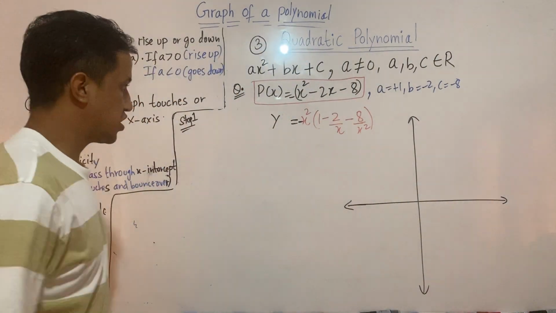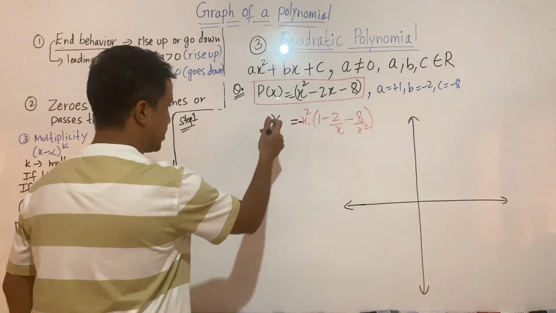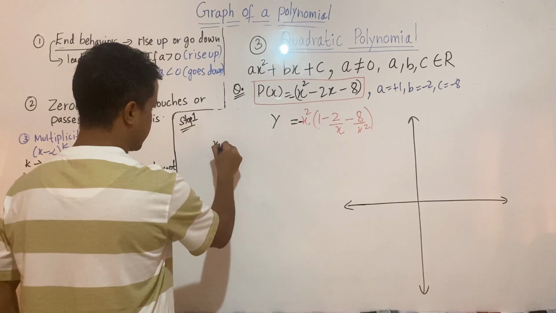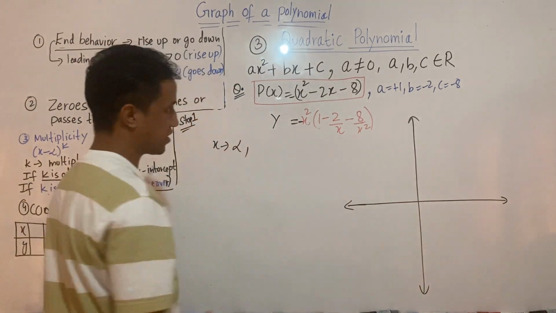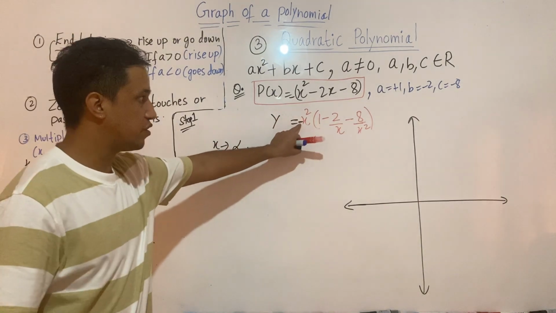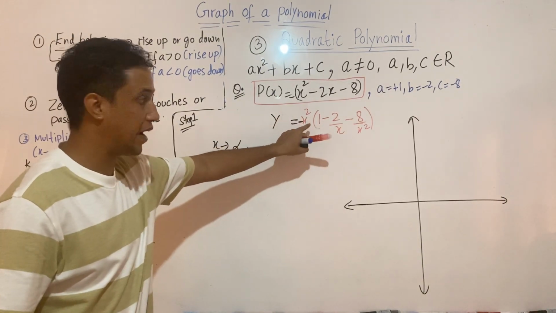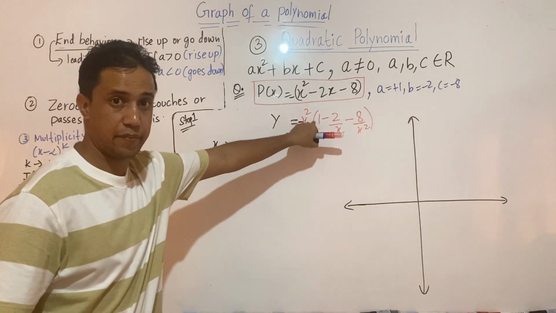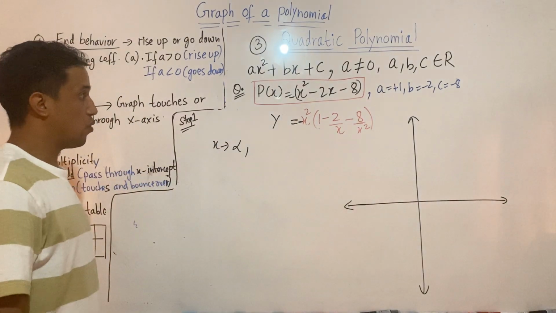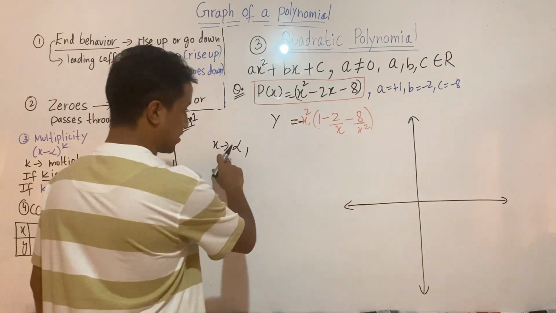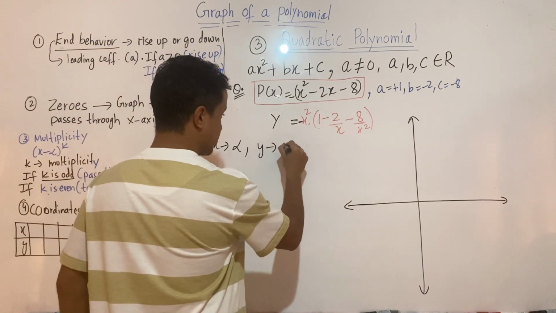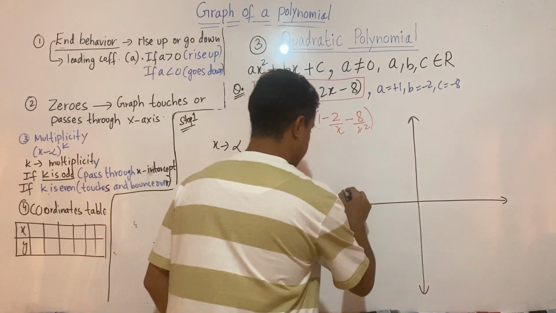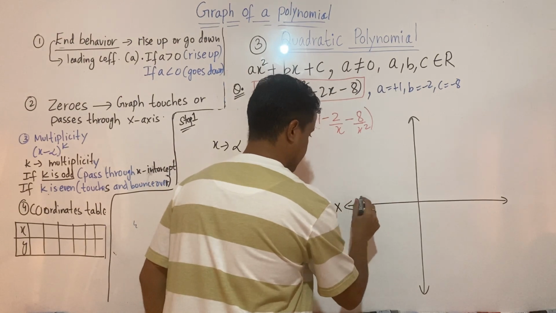Now see here, end behavior. If x goes to infinity, this is minus x squared; the minus is separate, x squared is separate. What would happen if x goes to infinity? y will tend toward minus infinity.